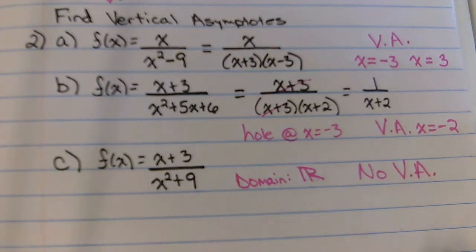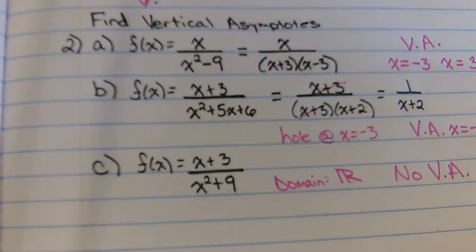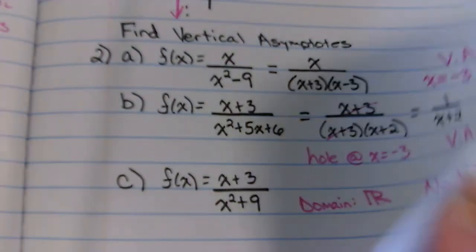Now, we've talked about that there are horizontal asymptotes as well. So I want to show you how you find horizontal asymptotes. Okay, so the steps for finding horizontal asymptotes.